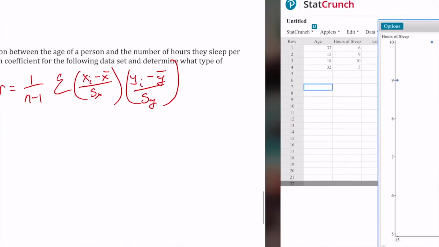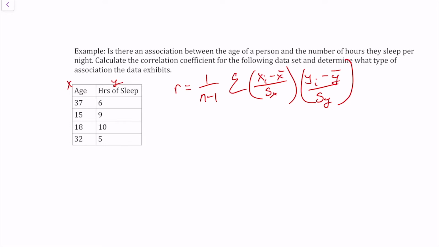So here we go. For the formula, we notice that we need the means and the standard deviations. So this is what we're going to do. We're going to use StatCrunch to calculate x bar, the sample standard deviation of the x's, and then we'll do the same thing for the y variable, y bar and the standard deviation of the y's.